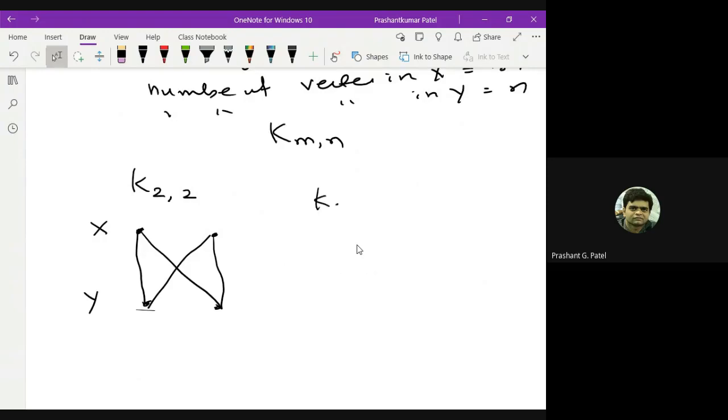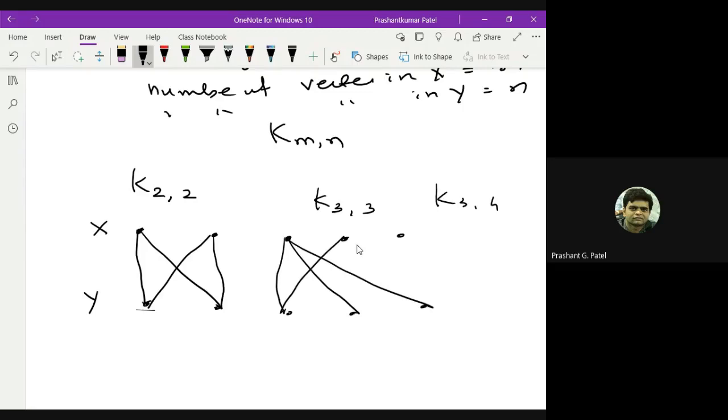Can you plot K33? Plot K34 also. So K33 is, there are 3 vertices here and 3 vertices on this side, and these 3 are joined. Same way this is also joined. Same way this also. So this is K33.